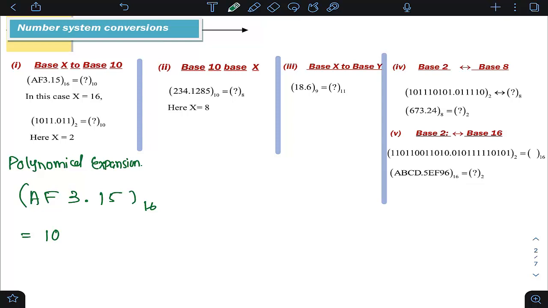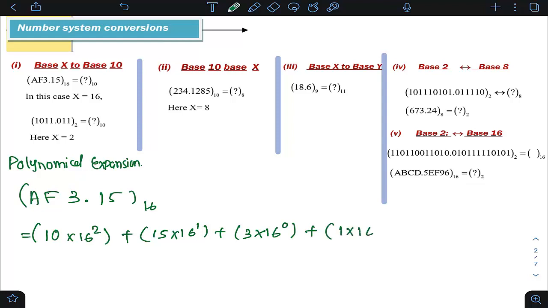So 10 into 16 square plus F, which is 15, into 16 power 1, plus 3 into 16 power 0, plus 1 into 16 power minus 1, plus 5 into 16 power minus 2. This is the reference point, with increasing powers of 16 on one side and decreasing powers of 16 on the other.